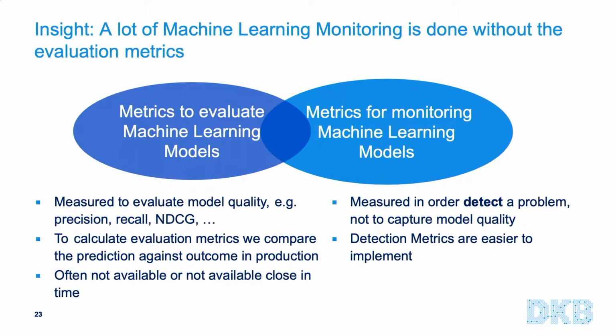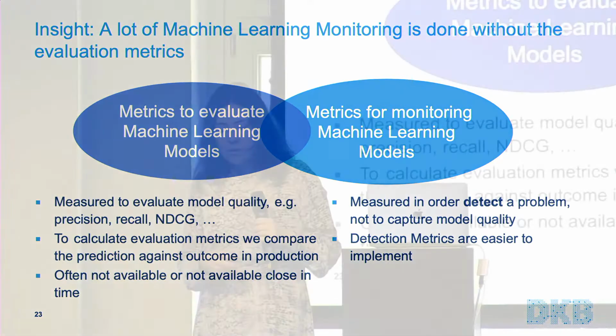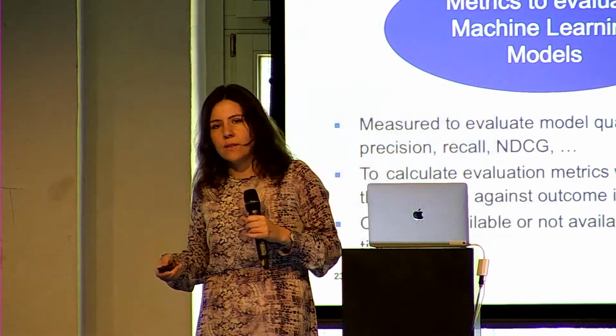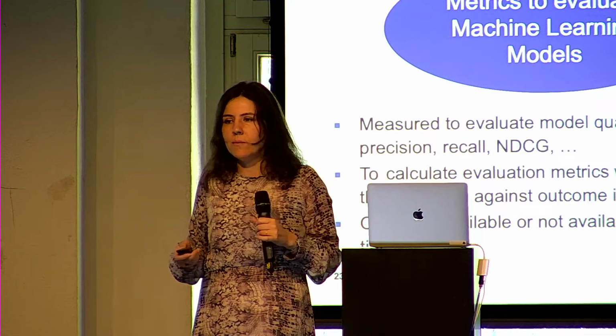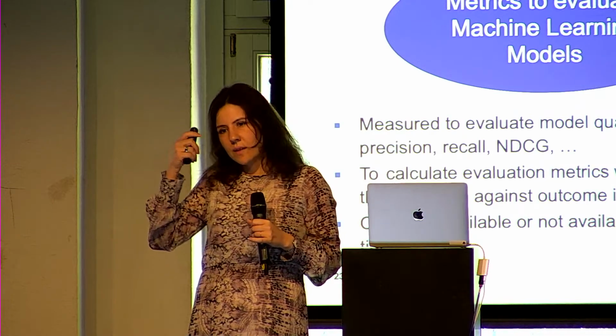The typical learning metrics, you all know them: precision, recall, ranking metrics. They're often not available in production, or maybe they're not available close in time. So they are available, but with a delay.